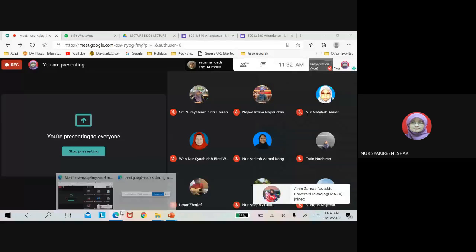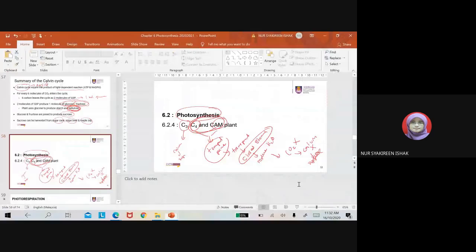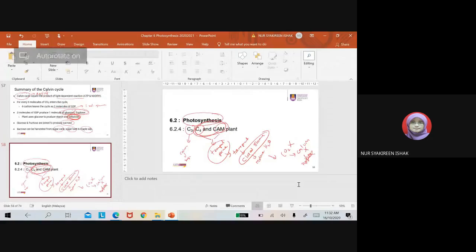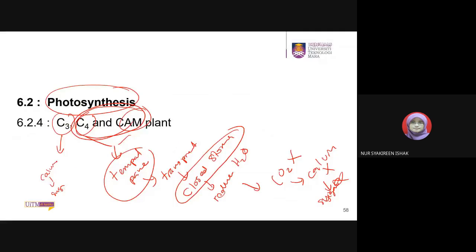Sekarang okey tak? Okey lah. Okey, dengar? Jelas?